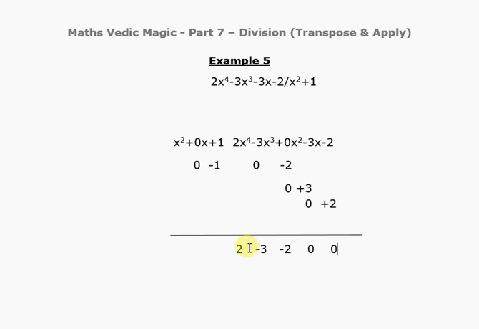So the highest power we can have in the quotient would be x raised to power 2. So if we write down power 2, that's our first term of the quotient. Then it would be x, and then the minus 2. And the remainder is 0 plus 0. So remainder is 0.